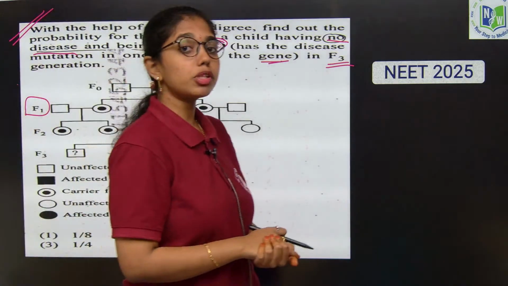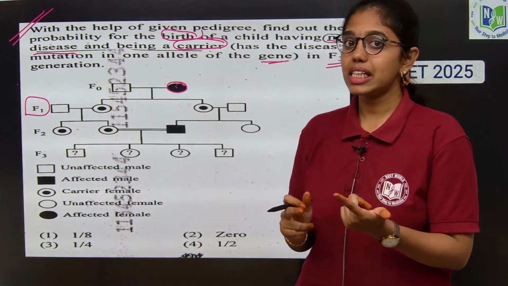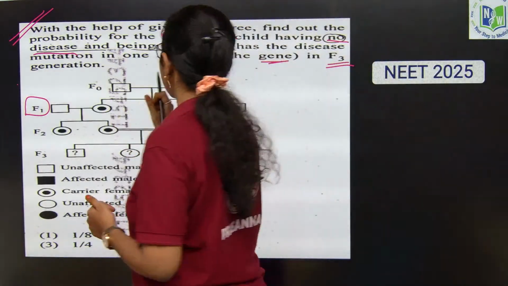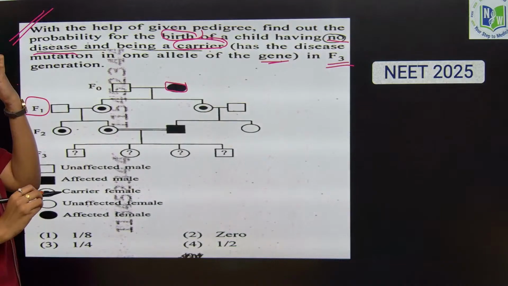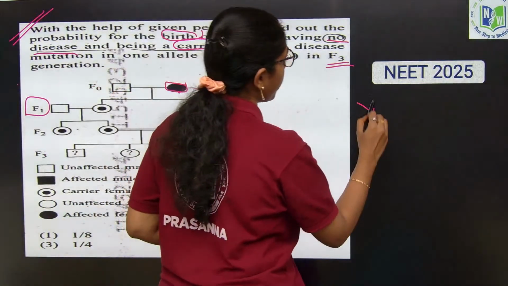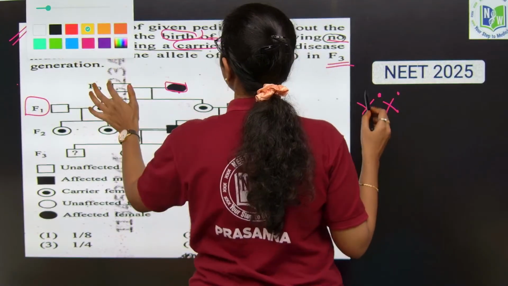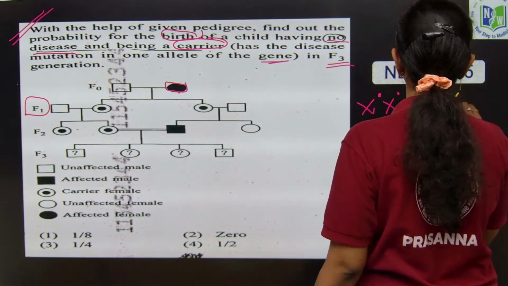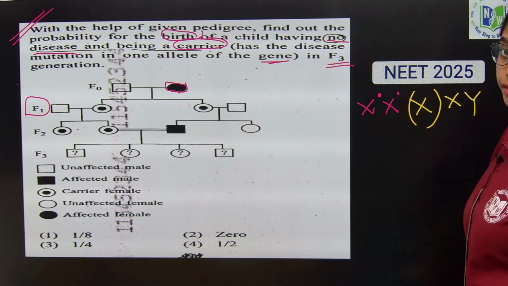What are the examples of X-linked recessive diseases? Color blindness and hemophilia, okay. So, X-linked recessive diseases, fine. So, here if you see, an affected female is there, affected female crossed with what? Unaffected male in the parental generation. In the parental generation, affected female with unaffected male.